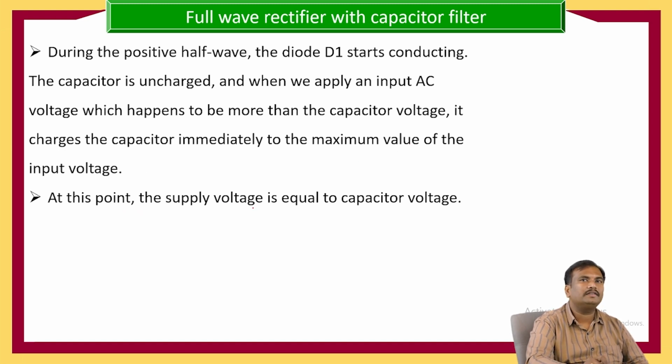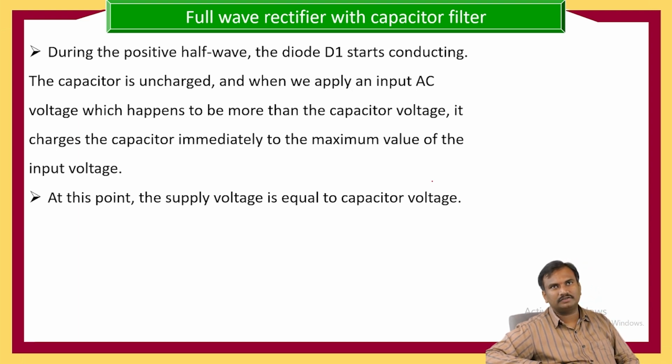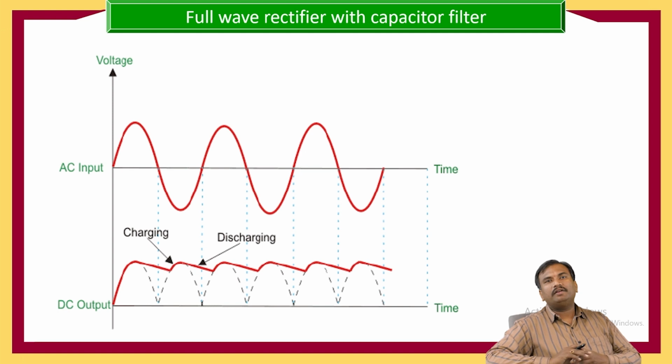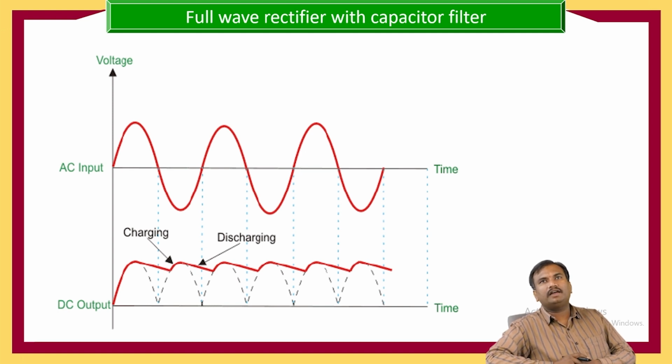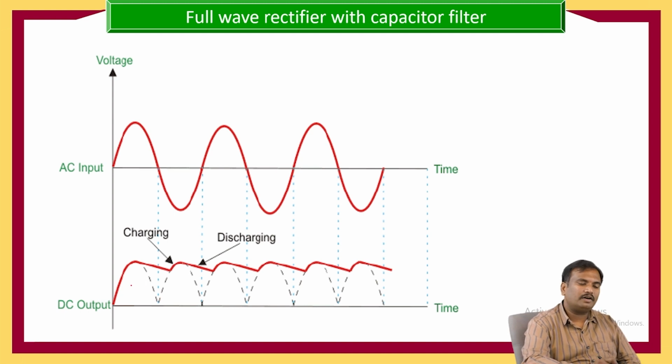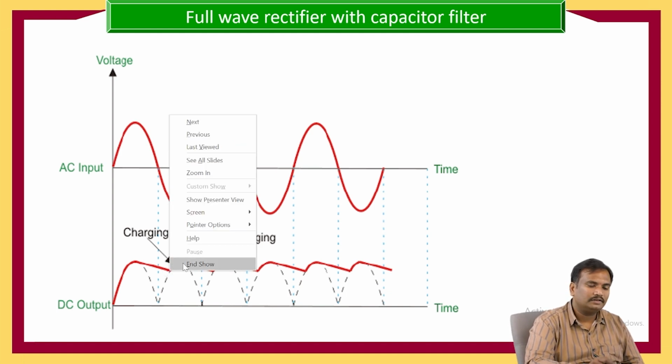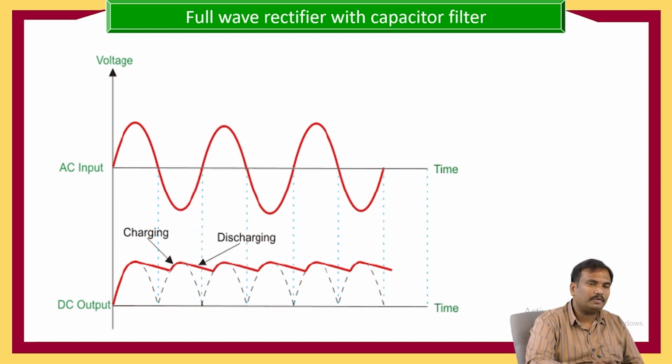At this point, the supply voltage is equal to the capacitor voltage. In the full wave rectifier with capacitor filter, during the positive half cycle from 0 to pi by 2, the capacitor is going to charge. Then after, the capacitor will discharge and it will reach some other point in the next half cycle.